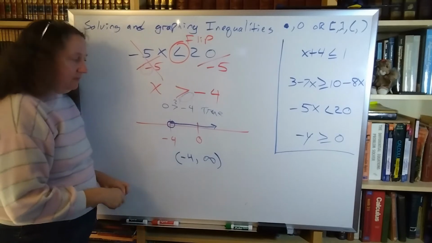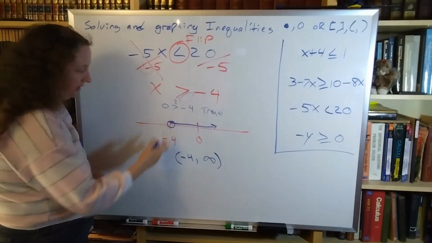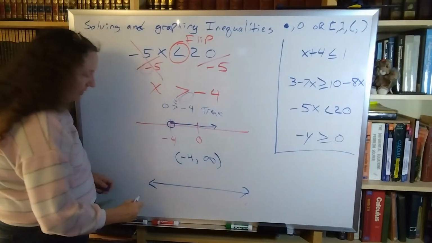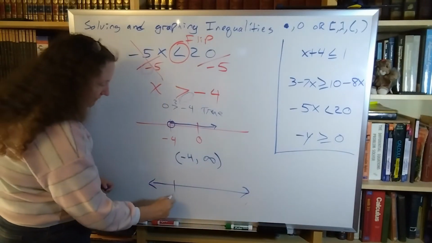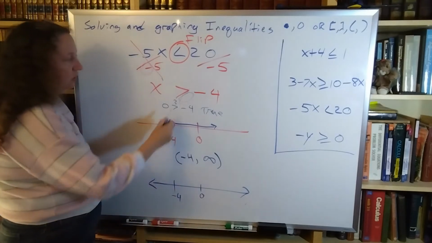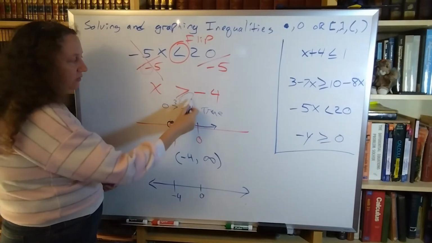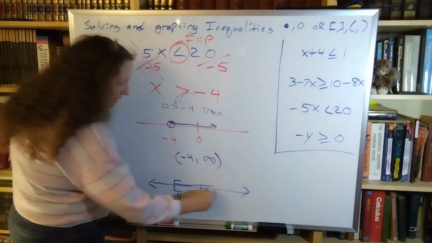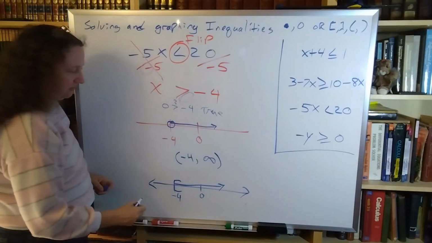If you prefer, instead of using dots, in my class you are allowed to use the parentheses and brackets. So we have our -4, we have 0, we see it does not have the equal to sign on it, so that is going to be squared off there, and it's going to continue out that direction.